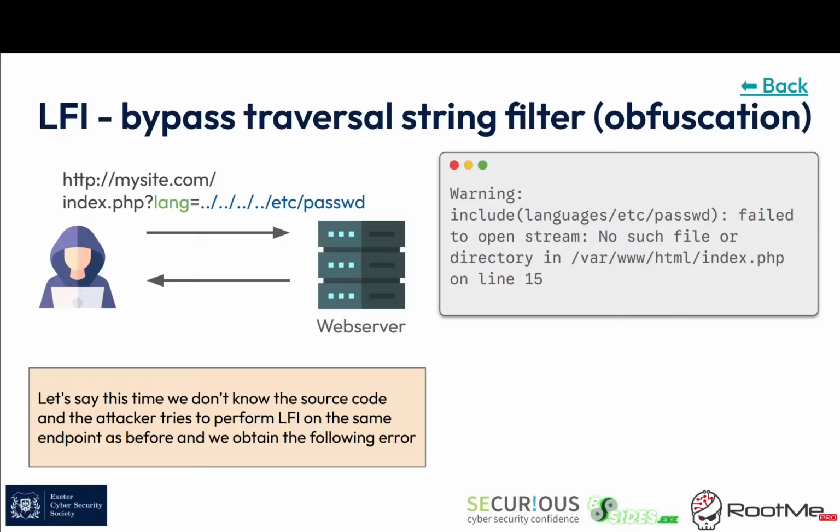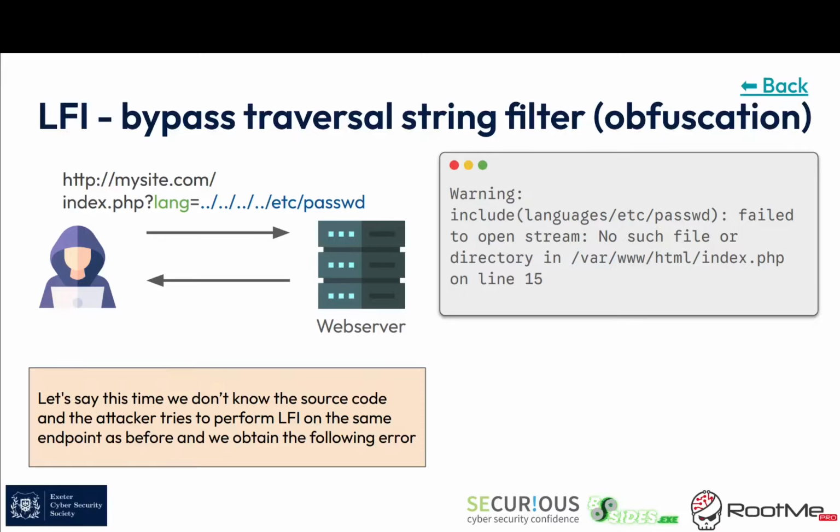One of the clues you can get from the error message is that you can guess the implementation the developer has done for input sanitization. What we can see here is that most likely the developer checks for any of those traversal strings and strips them out before passing it to the include function. Does that make sense?